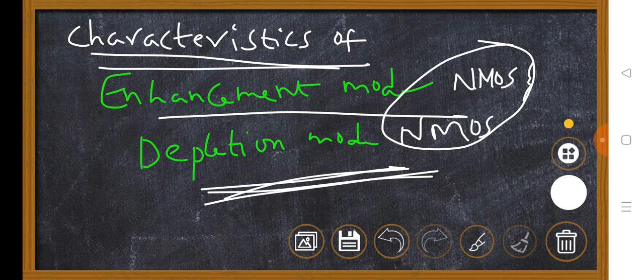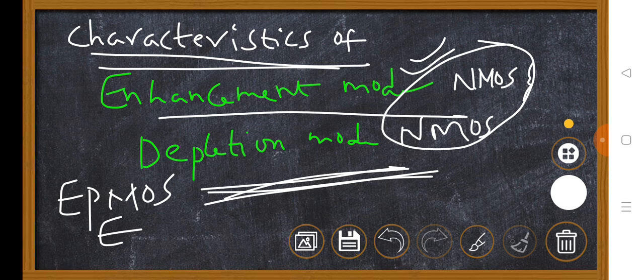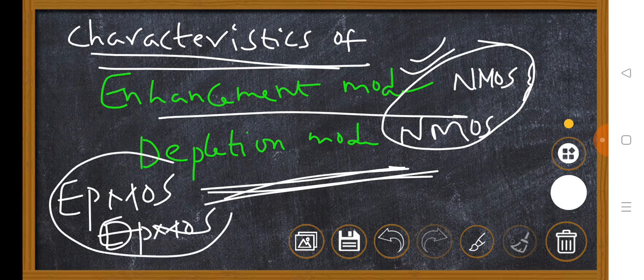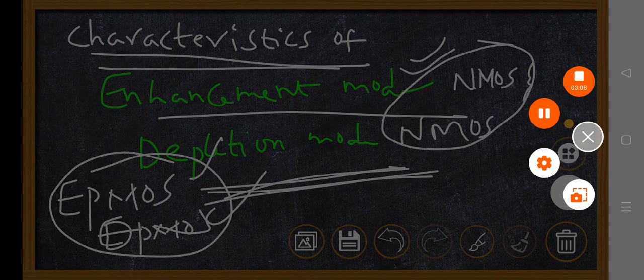And after completion of the NMOS enhancement mode and depletion mode transistor characteristics, don't forget we have enhancement mode PMOS and depletion mode PMOS, exactly opposite to NMOS transistor. Therefore it is a task for you to perform the vice versa operation of enhancement mode NMOS and depletion mode NMOS to achieve enhancement mode PMOS and depletion mode PMOS.